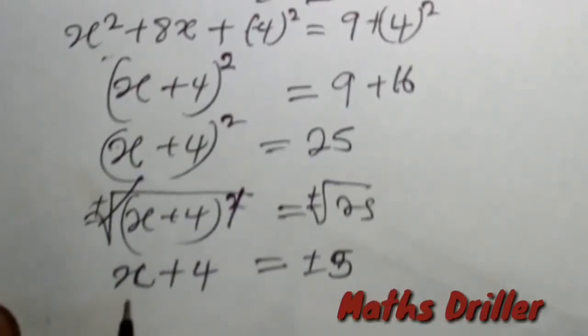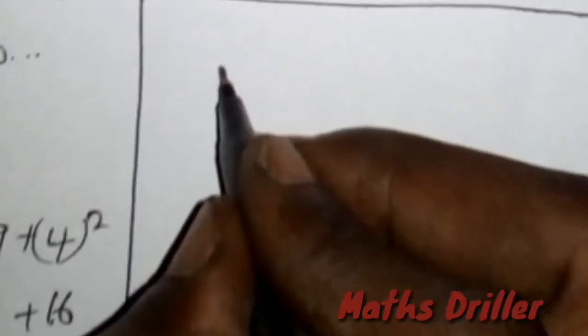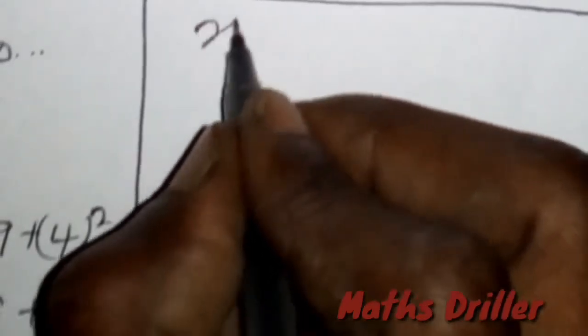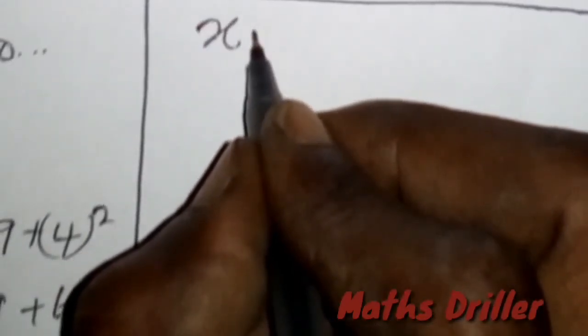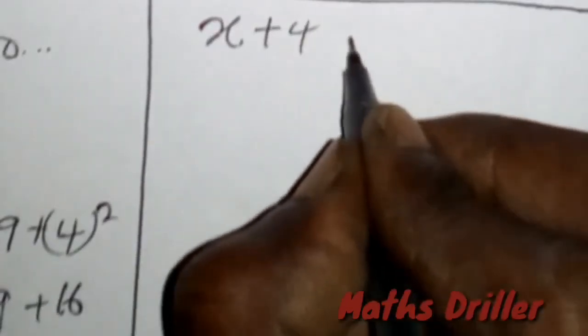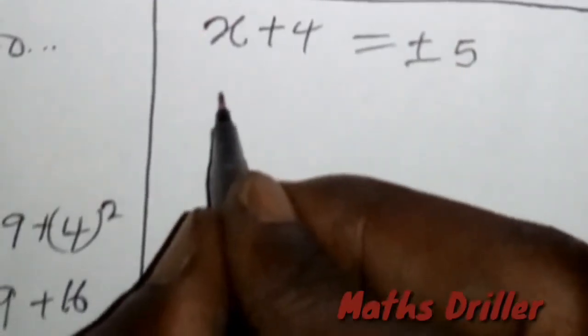Now in order to find the value of x, we subtract both sides by 4. Previously we have x plus 4 is equal to plus or minus 5. Therefore we subtract both sides by 4.